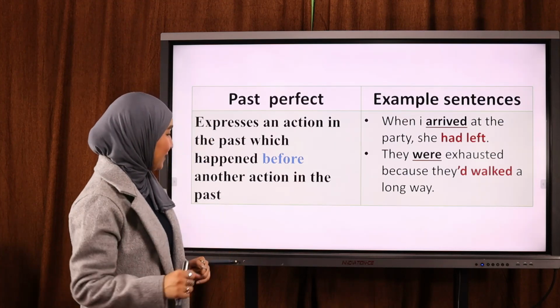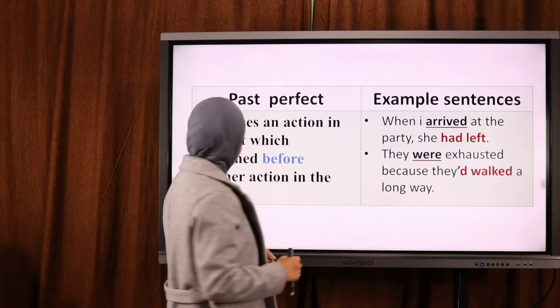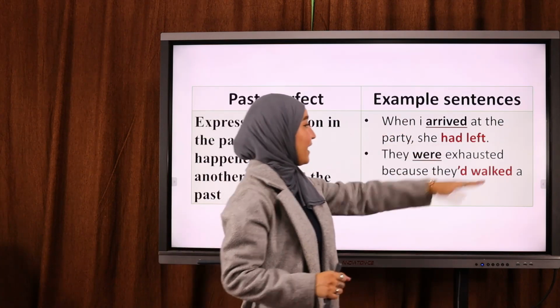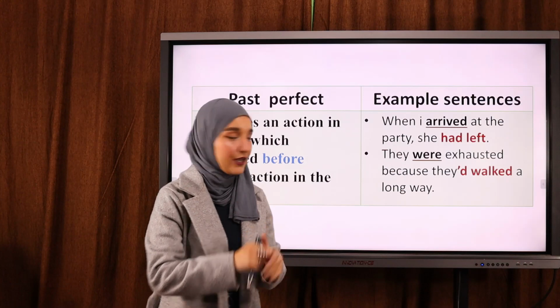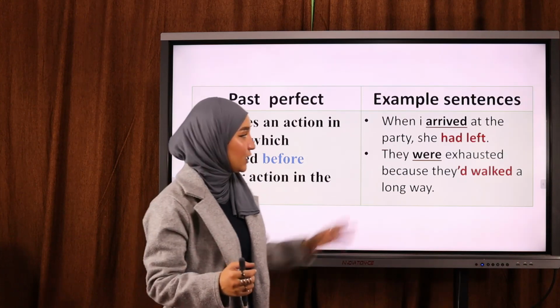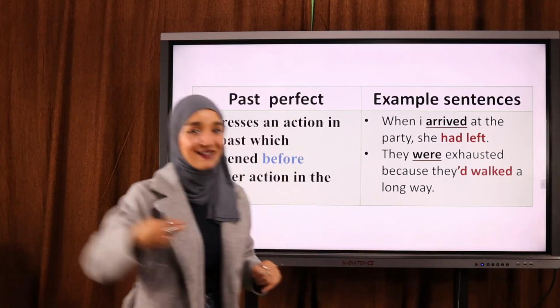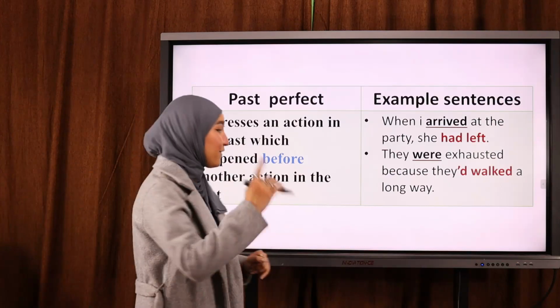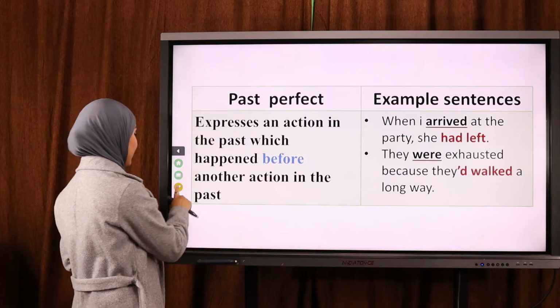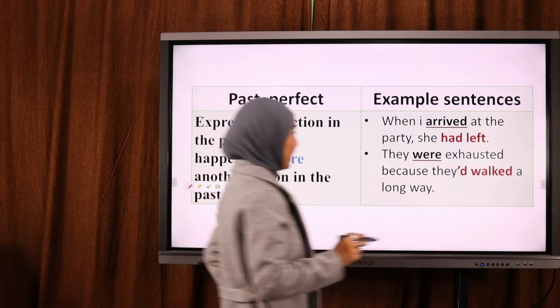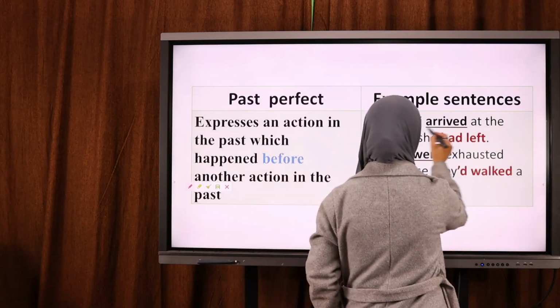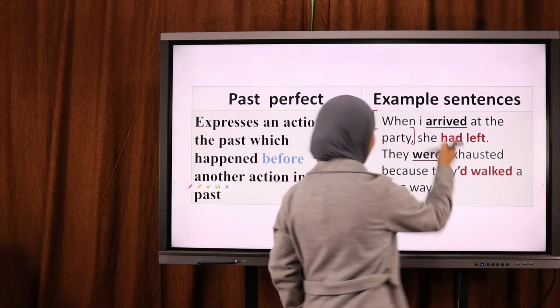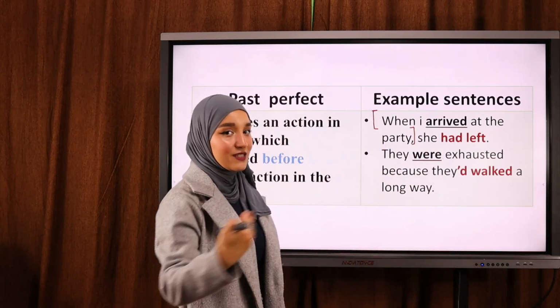Let's take a look at some examples. Maybe you'll be able to comprehend. So, when I arrived at the party, عندما وصلت إلى الحفلة, okay? So when I arrived at the party, she had left. كانت قد غادرت. So here I have two actions. لدي حادثتين. Two actions, okay? Well, the first one, when I arrived at the party, عندما وصلت إلى الحفلة.